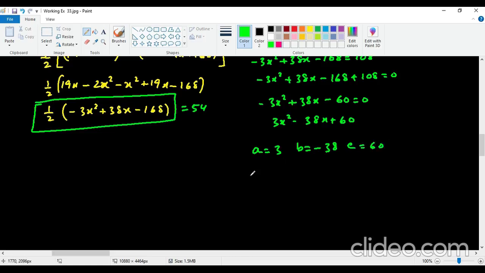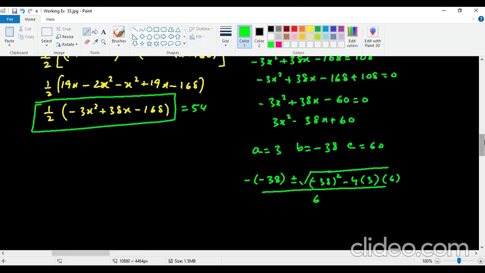Minus b value is kept in the value of b, plus minus under root minus 38 square minus 4a and c, and 2 times a is going to give us a 6. Now I have two different values.